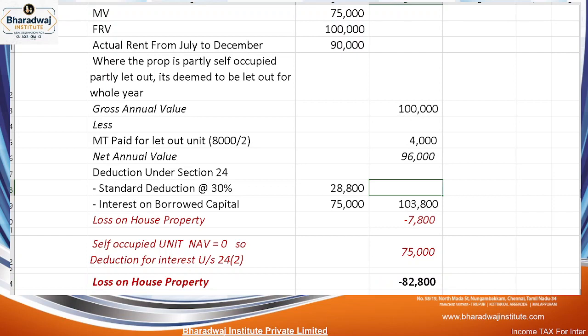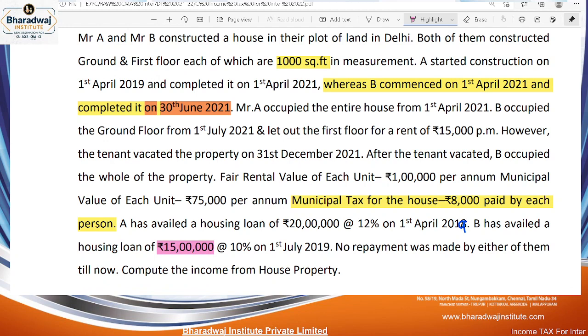And please remember, for B, there is no pre-construction period. 1st April 2021 till 31st March 2022, we cannot take that.